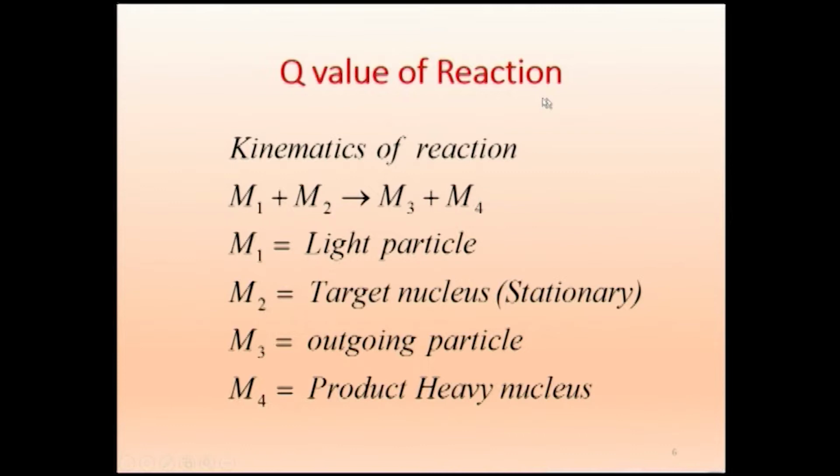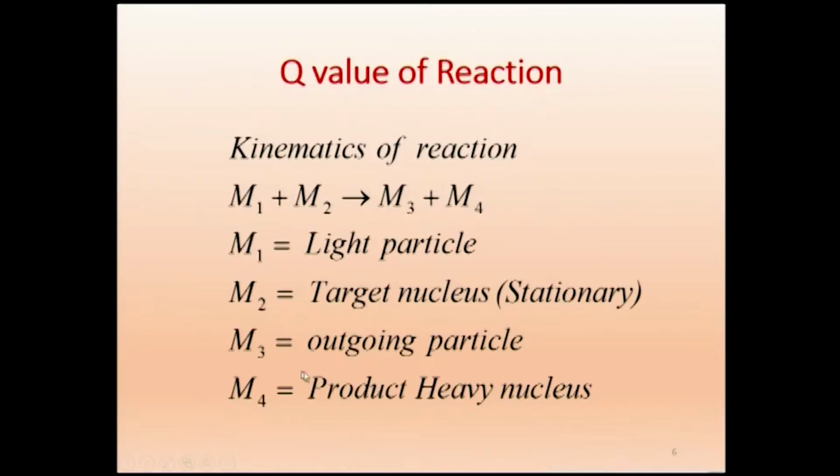M3 is the outgoing particle. So after the reaction, one particle will be coming out, maybe the neutron, and then maybe an alpha particle comes out, some particle will be coming out. So M3 is the outgoing particle, and M4 is the product heavy nucleus. After the reaction, there is a heavy nucleus which comes out. For example, if you take uranium 92, 238, and neutron is bombarded, it becomes 239, and then we get one particle, maybe a neutron is coming out and a heavy particle will be there.